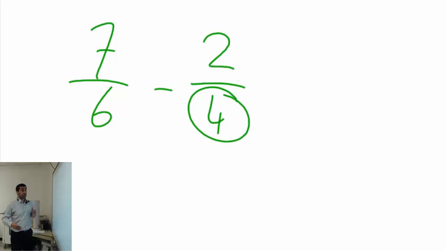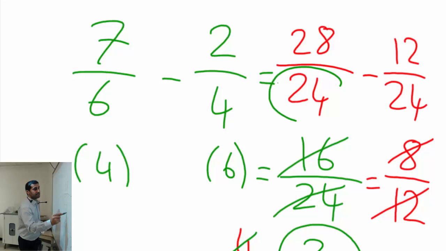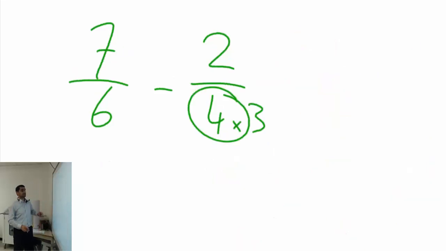Alright. Can I get 12 by multiplying with 4? Yes, I can. So 4 multiplied by 3 will give you 12. That's why I'm not going to use 24 here as the same denominator. I can use lower than that, actually.